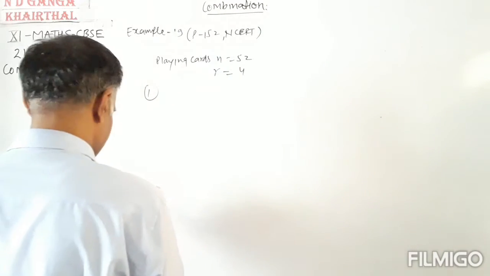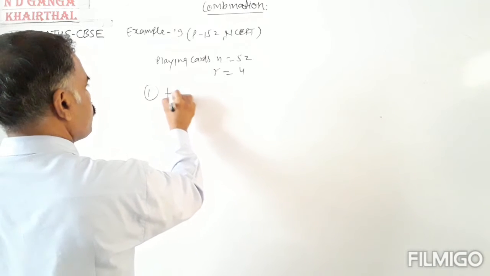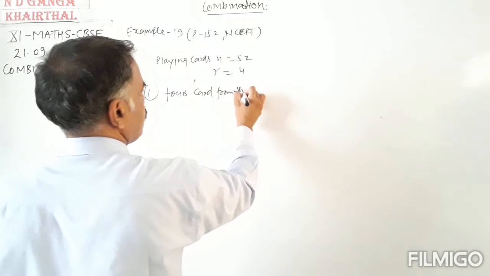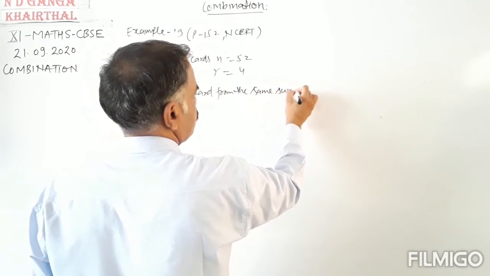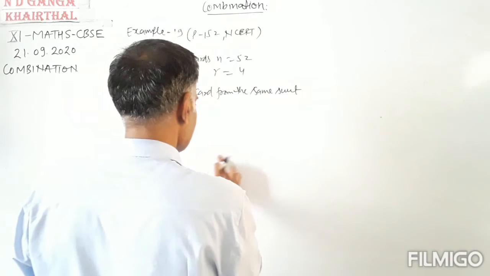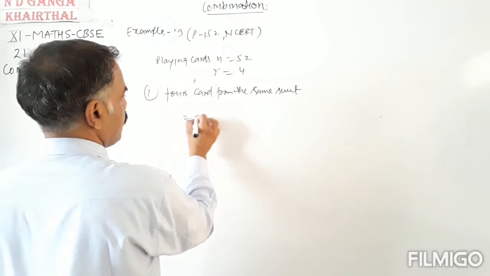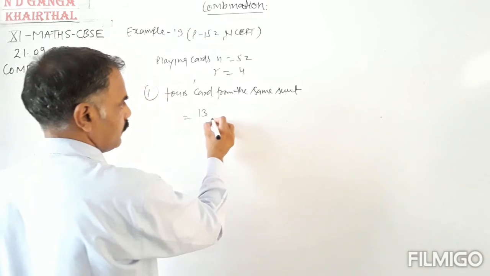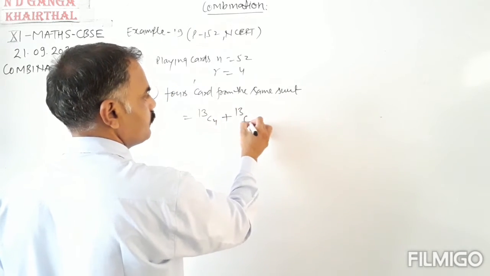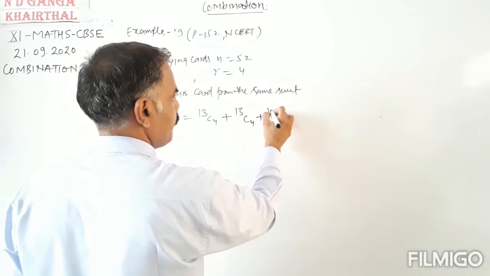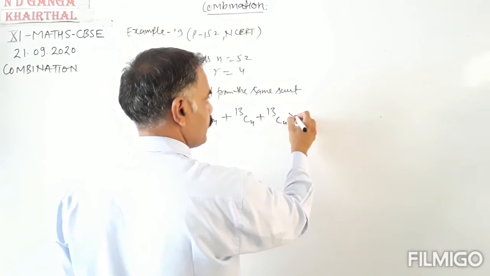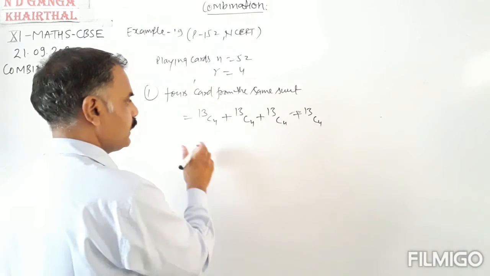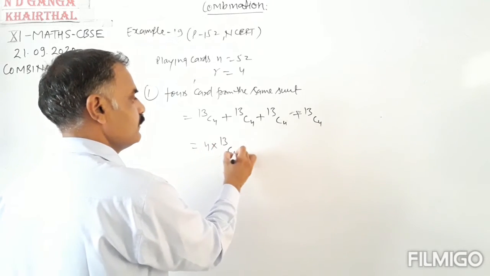So the cards may be from the club, 13C4, or from spade, or from diamond, or from heart, that is 13C4. So 4 times 13C4, so 4 into 13C4.